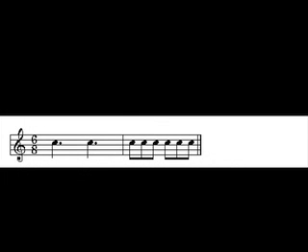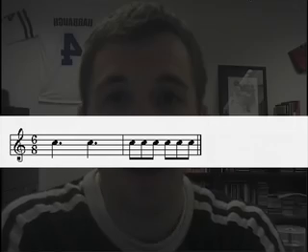A quarter note gets the beat. So there are 4 quarter notes in each measure. Now most of the time we'll do 4/4. Sometimes we'll have a 3/4, which just means there are 3 beats in a measure. Or sometimes we'll do a 6/8, which means there are 6 beats in each measure, and the 8th note is a beat.